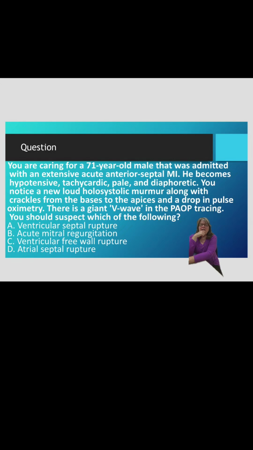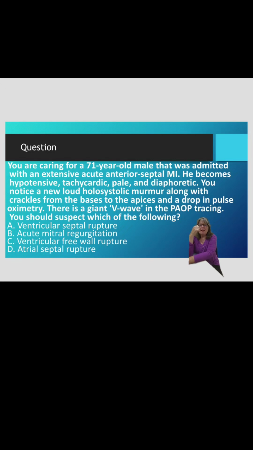Well, the answer to this is acute mitral regurgitation. Why? Well, it gives you the clue there that there's a giant V wave in the wedge pressure tracing, the PAOP tracing. So think about the V wave. The V wave is part of the venous waveform.